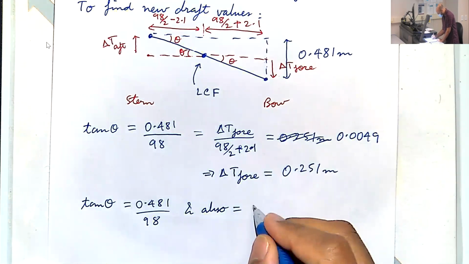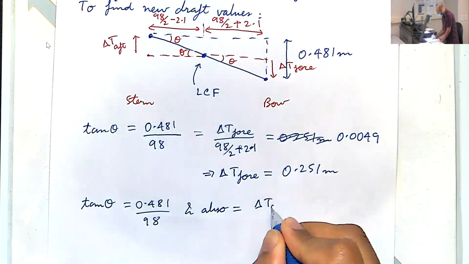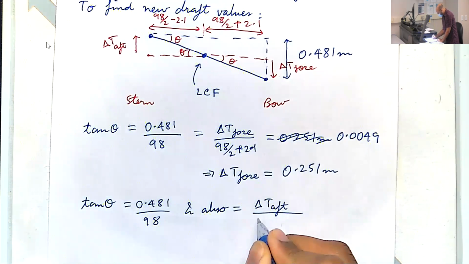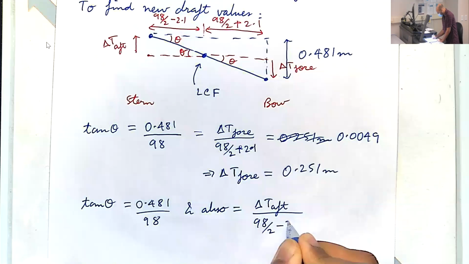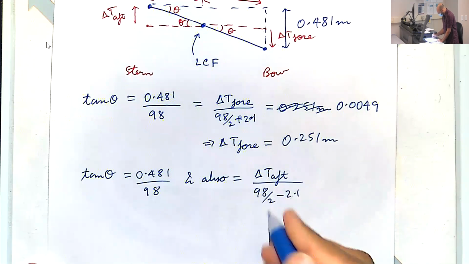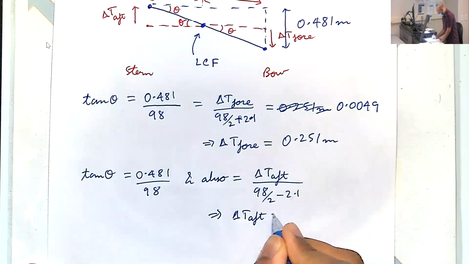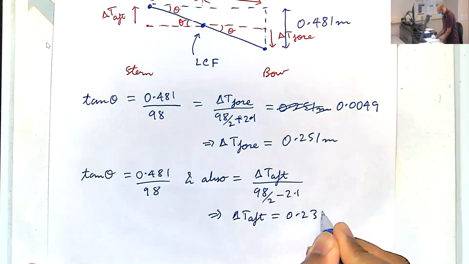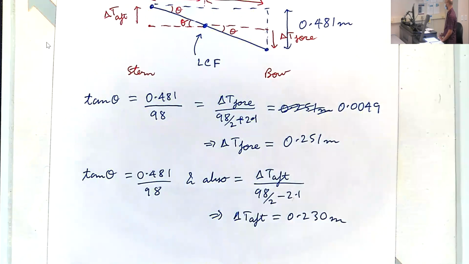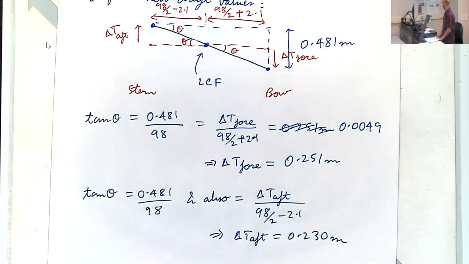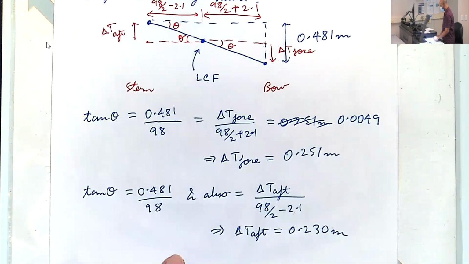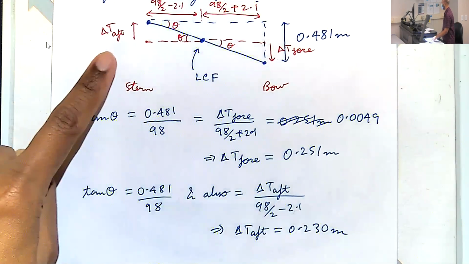So we get this is delta T aft divided by 98 over 2 minus 2.1. And when you do all of this, you will get delta T aft is 0.230 meters. Okay, that's the change in draft at the forward location and the aft location.